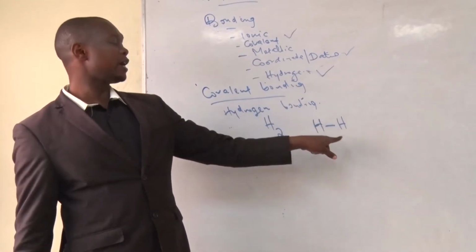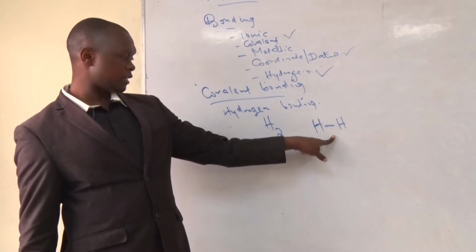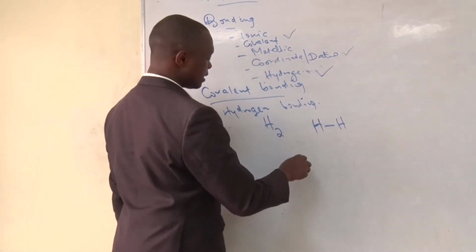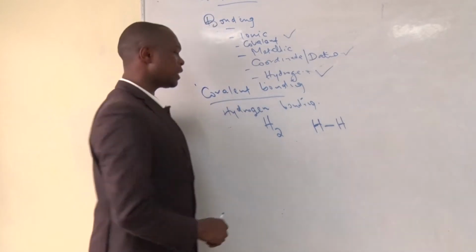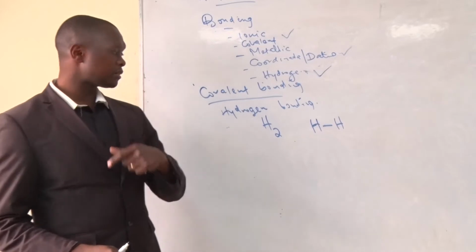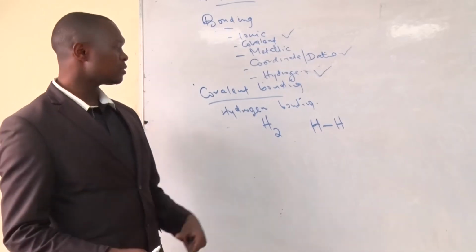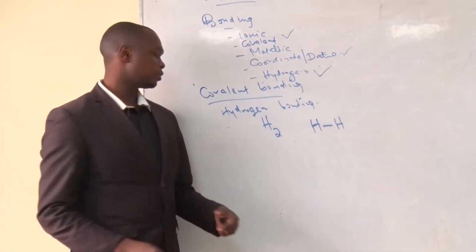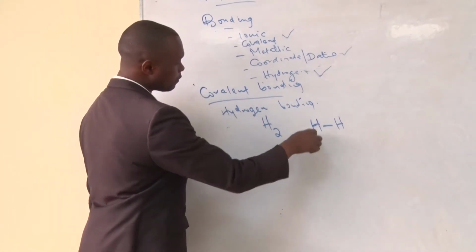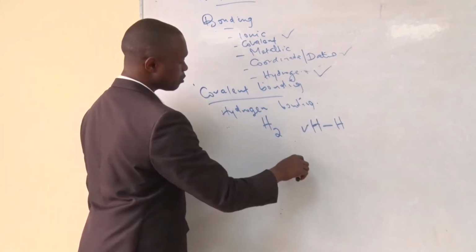We can either draw it this way, covalent bond for the hydrogen molecule, or we can indicate the sharing. We know that hydrogen has one electron in its outermost orbital. So when we draw, we use the diagram to indicate the bonding. Apart from doing that way, we can also do it this way.